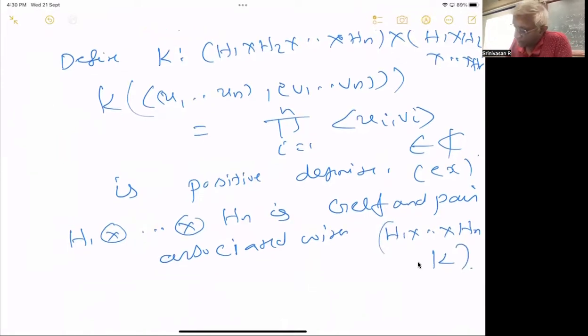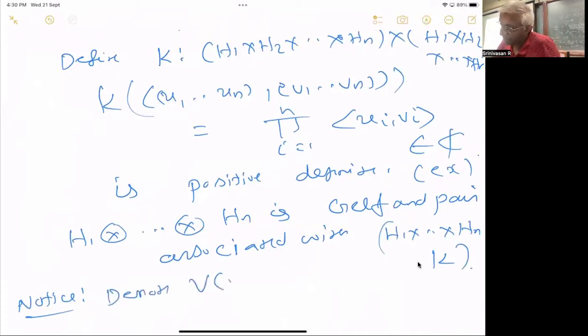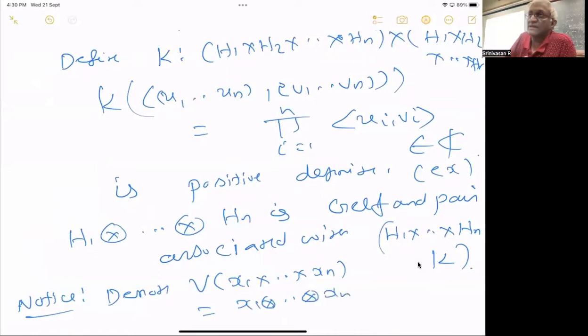Okay. So notice, you can denote. You have a V, which is x1 cross up to xn. You denote that as x1 tensor up to xn. You can just denote it like that. Gelfand pair means you have a V, which is defined on the H1 cross up to Hn, and it takes it inside. This is the direct product, H1 cross up to Hn.